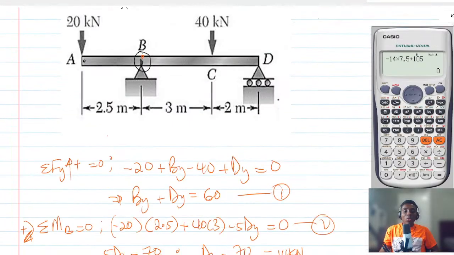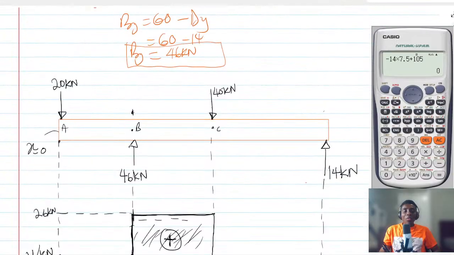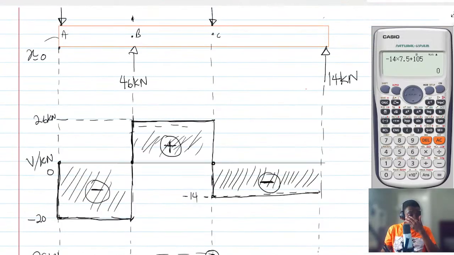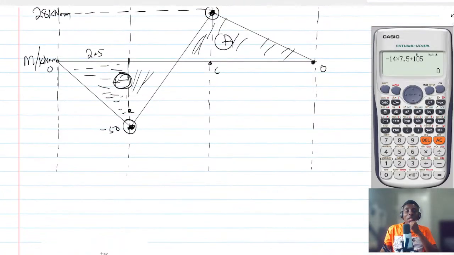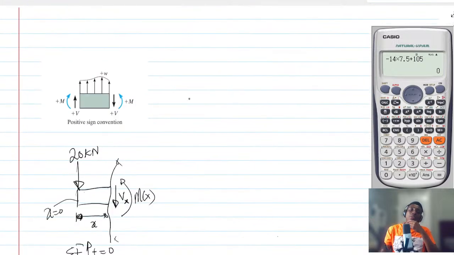First of all, what did we do? We solved for the reaction at the support. After solving for the reaction, then we draw the free body diagram. Then we take our time and take each section. Then we get the shear force and then we get the bending moment. But you have to always remember this convention.